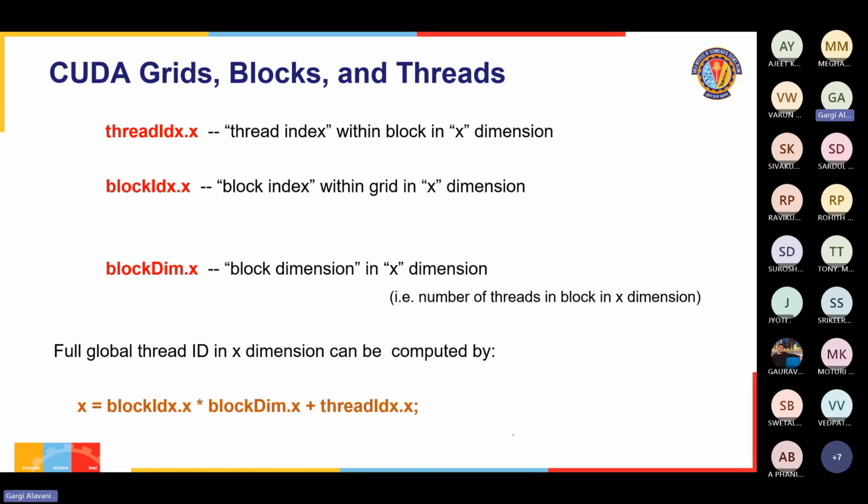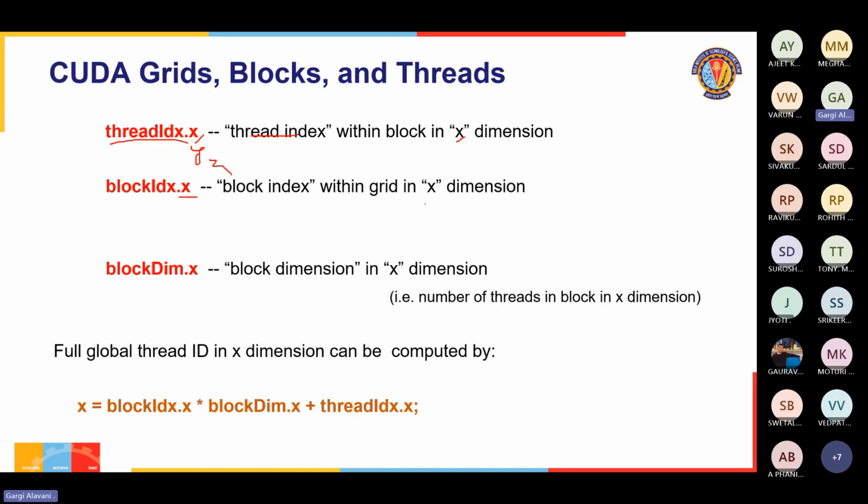To calculate this unique thread index, you have these three things: threadIdx, which is the thread index. If it is x, it is in the X dimension; if it is y, it is in the Y dimension; if it is z, it is in the Z dimension. blockIdx is the block index.